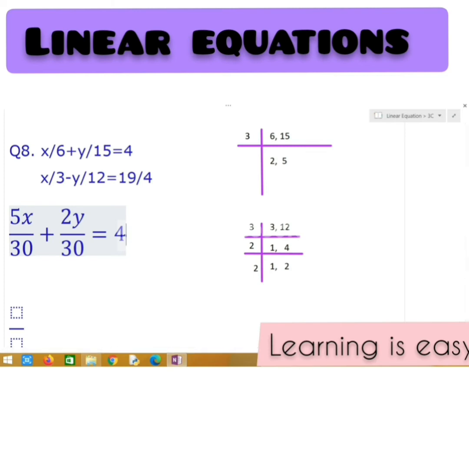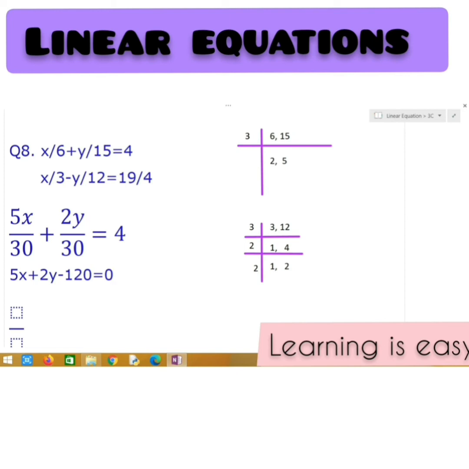And 30 from the denominator goes to the right hand side. So the constant value becomes 4 into 30, 120. So now we can rewrite this equation as 5x plus 2y equal to 120, or bringing the constant to the left hand side, it becomes 5x plus 2y minus 120 equal to 0.